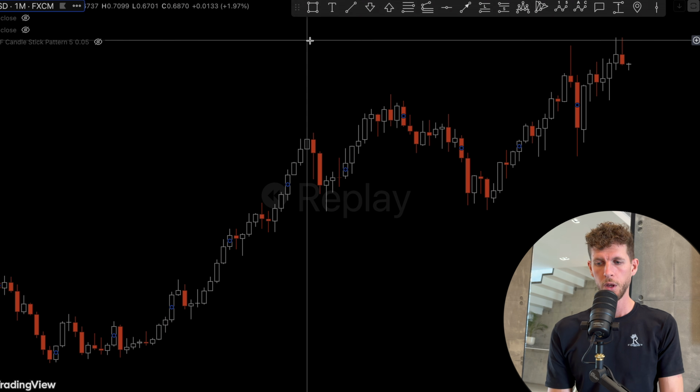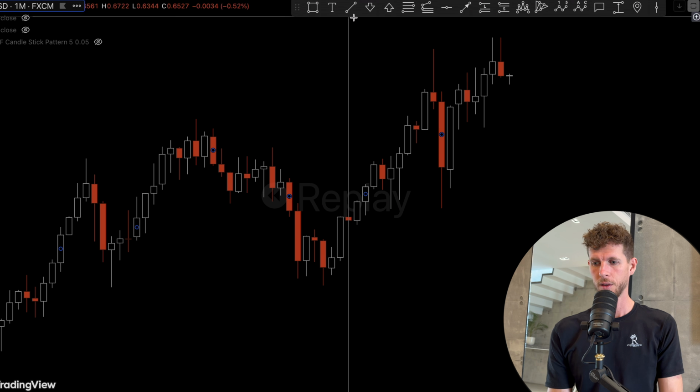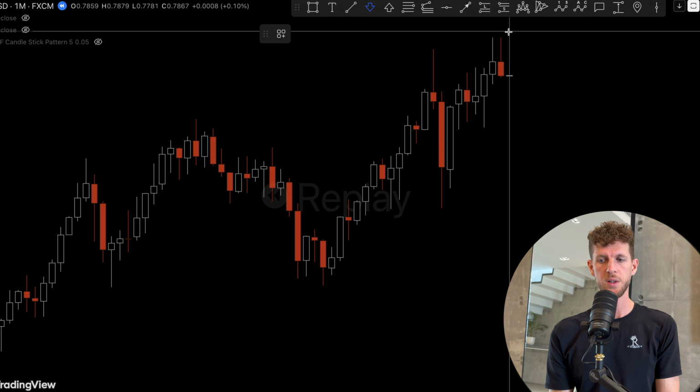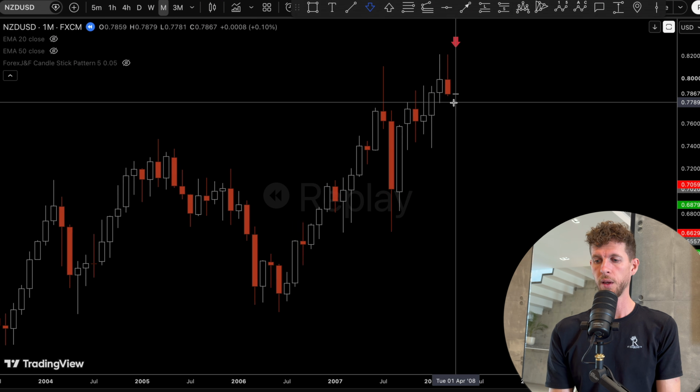I'll show you on the charts here. I'm not going to show the opposite ends because it's the same but in reversal, but I've got an example here in mind that I'm going to show you and see if you can spot this one. For this example, look at New Zealand dollar and have a look at these tweezers here. This is what I would call the perfect tweezer setup, where this bullish run is slowing down, coming to an end here.